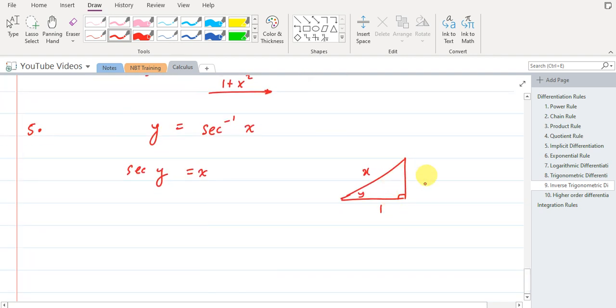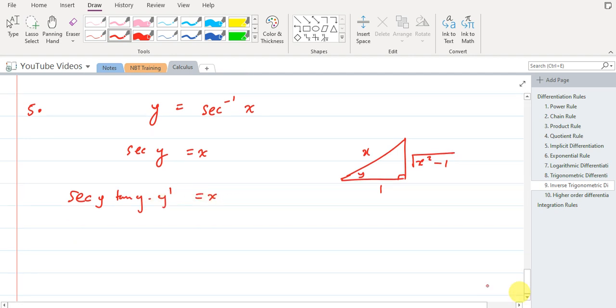And the opposite will now become x squared minus 1. Then the derivative of sec y is sec y tan y times y prime is equal to x. Now y prime is equal to the derivative of x, which is 1.